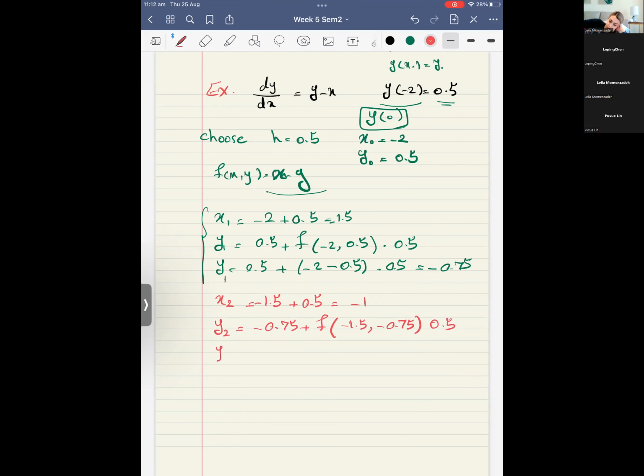Using the equation times h, y2 would be equal to minus 1.125. Okay, I still need to keep going.